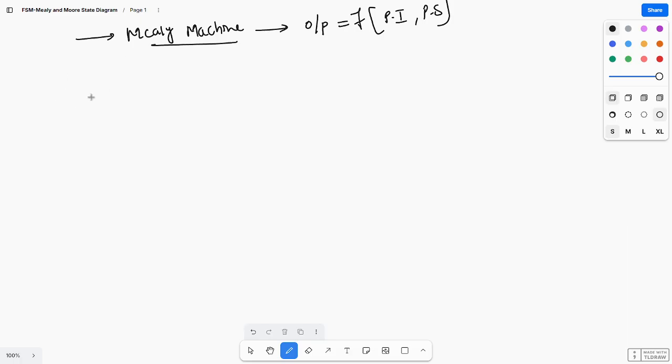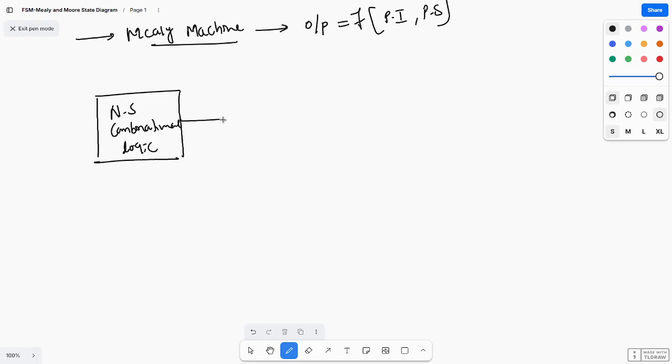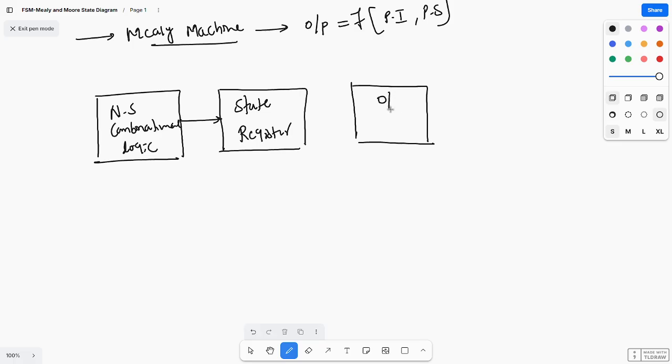If you see the circuit diagram, this is the next state combinational logic, and this is the state register, and you have the output combinational logic.